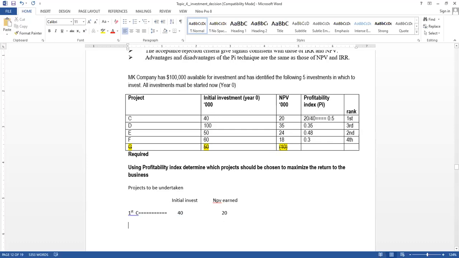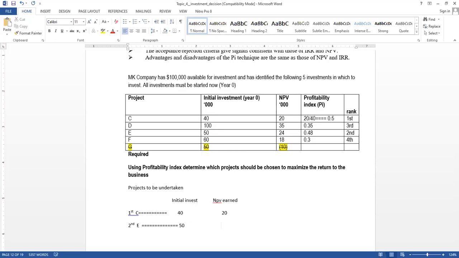Then I go to the second one. Second is project E. And it requires an initial investment of 50.